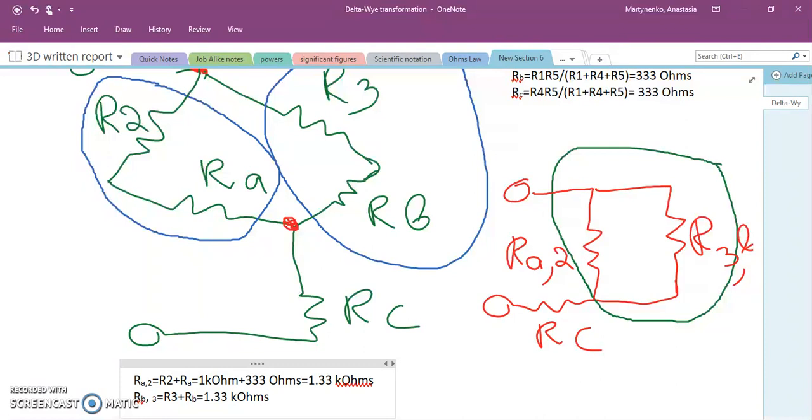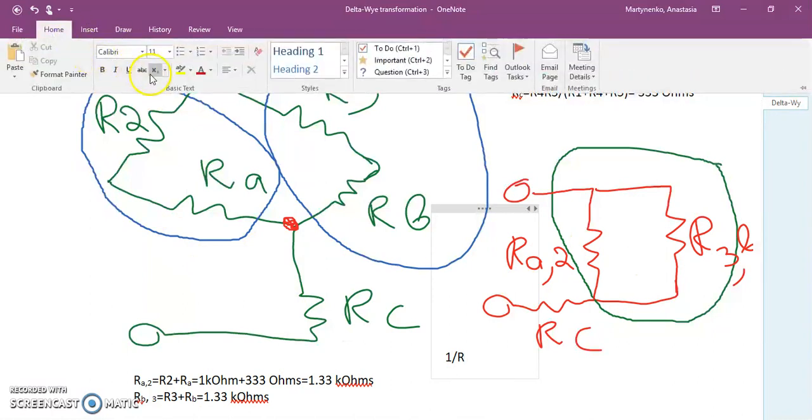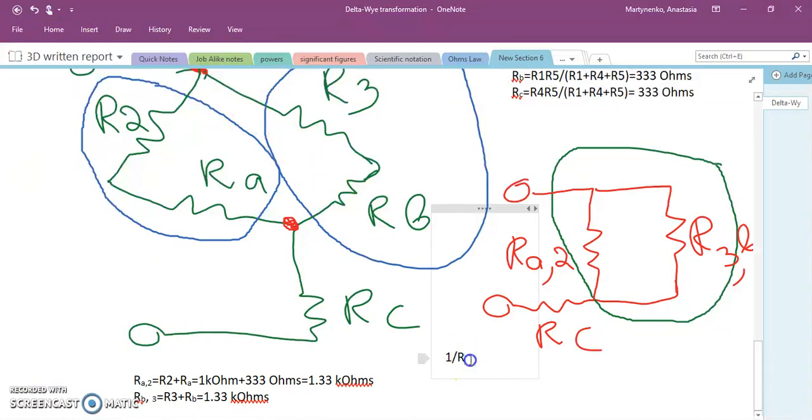All right. So now that I know those two, I can just do my formula for the parallel, right? In this case, it's going to be 1 over R, and this R is going to have some really weird coefficients, because we have AB, and we have 2, 3. So it's going to be R AB23, all four of them.